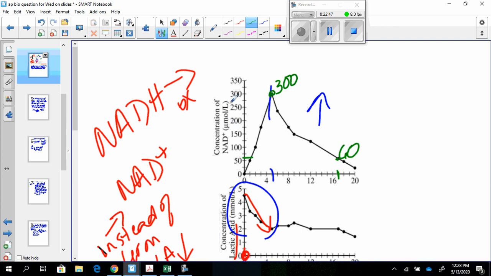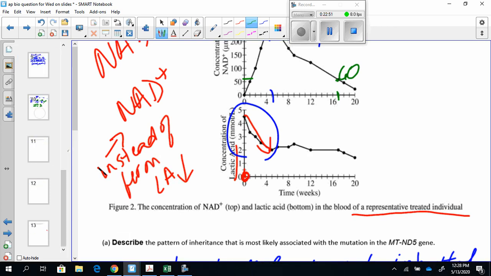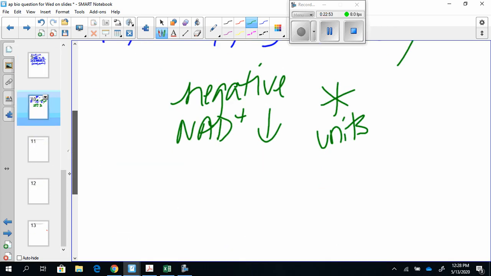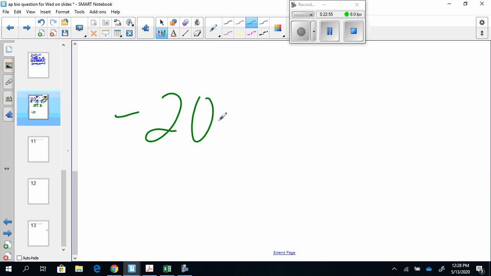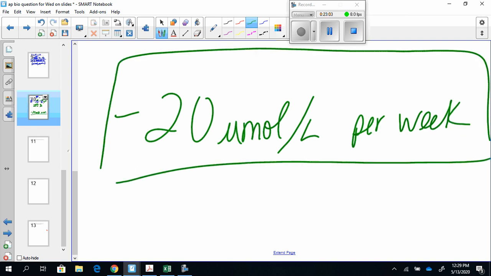These are weeks, right? So negative 20 per week. That's how I want to make sure I have my answer written, and I definitely want that negative in there because it's showing that it's going down.